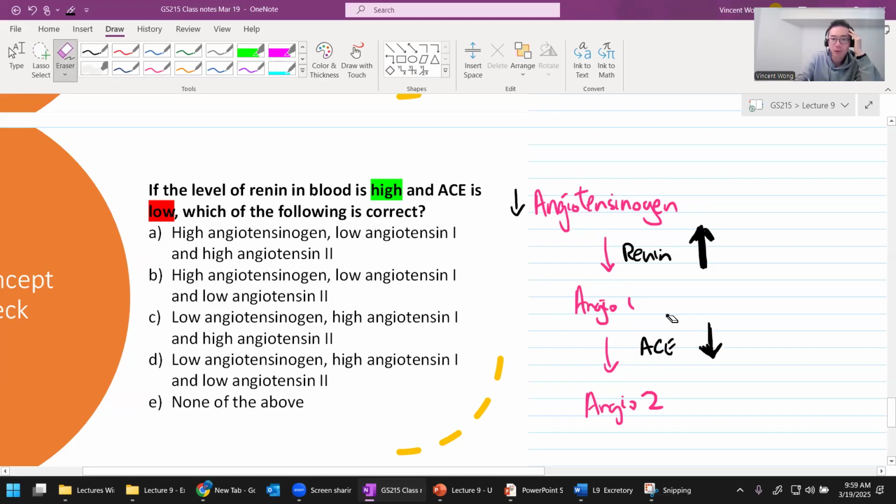But because we have low levels of ACE, the angiotensin number 1 is stuck in number 1. It cannot go to number 2 because we have low ACE. So this is going to be high, and this is going to be low. Again, renin converts the raw material into number 1, so we'll be using up the angiotensinogen.